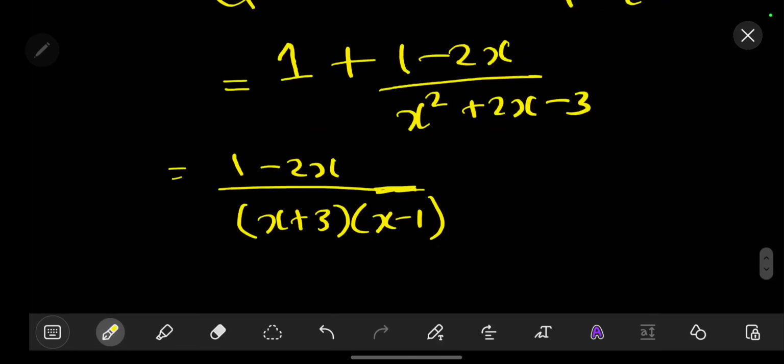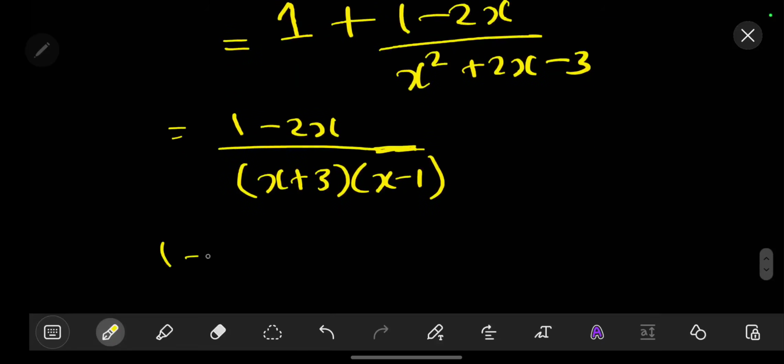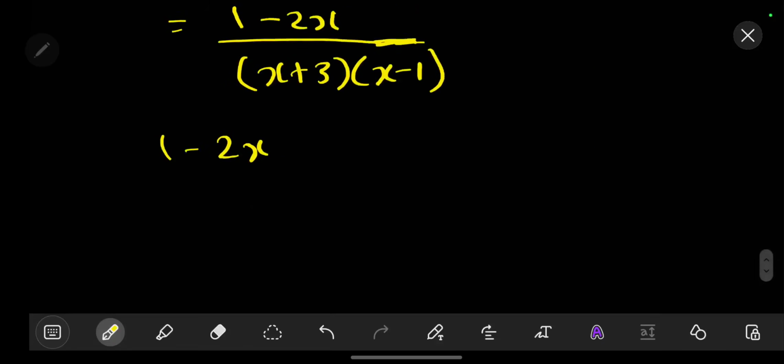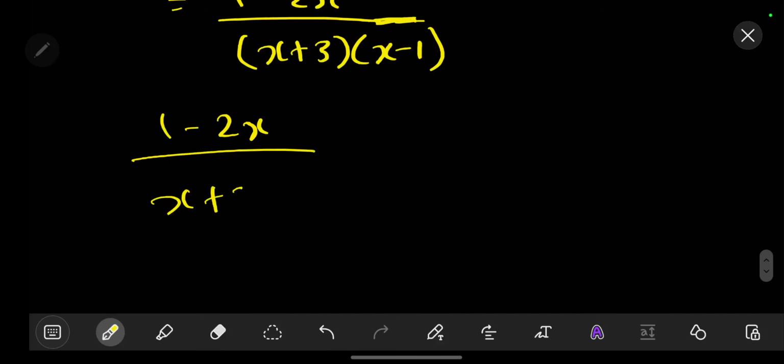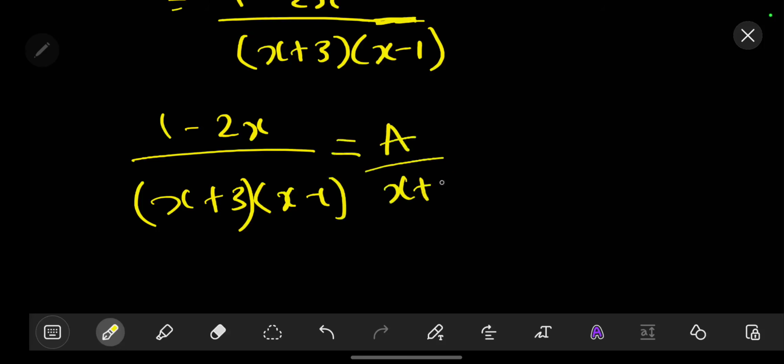So we have 1 minus our 2x over x plus 3 times our x minus 1 should be equal to our a over the first denominator, then plus our b over the second denominator like that.